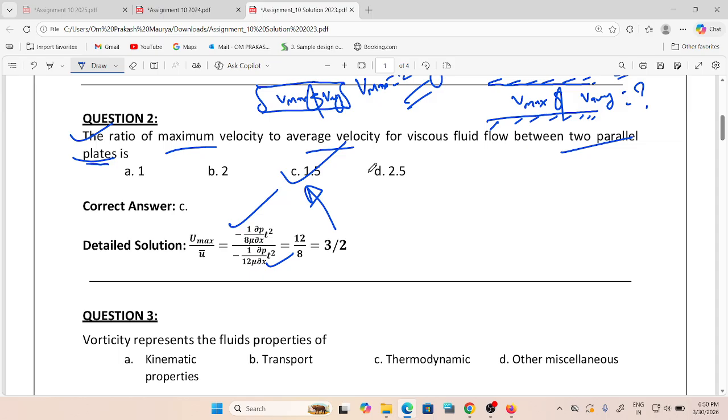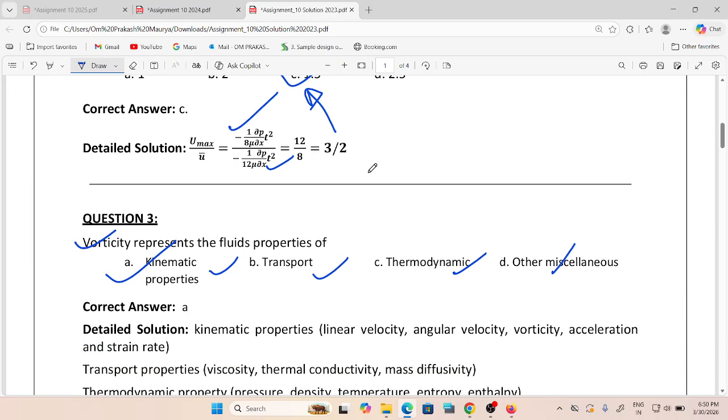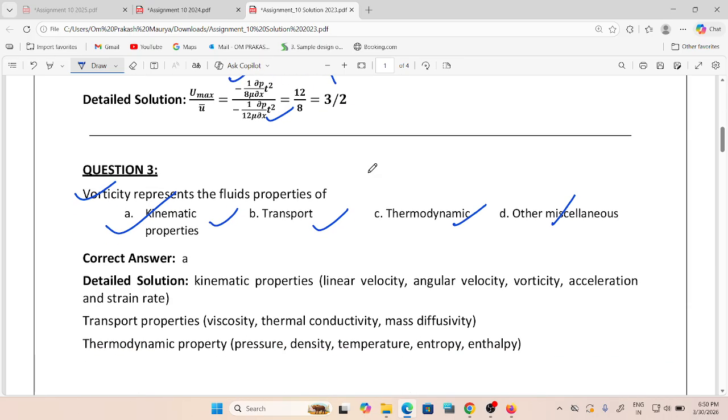Now question number 3. The vorticity represents the fluid property of: kinematic properties, transport, thermodynamic, or other miscellaneous. Vorticity is a kinematic property.